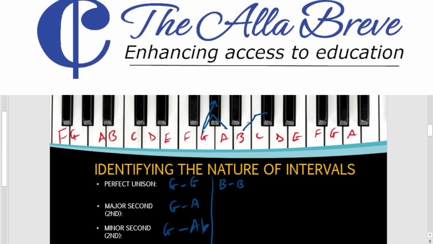Because we need consecutive letters. From B, you need to have a C. But in this case, we're going to have a C sharp because we are ascending to give us two semitones. 1, 2. B to C sharp. That's a major second.